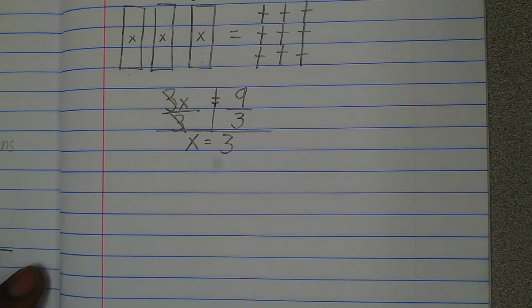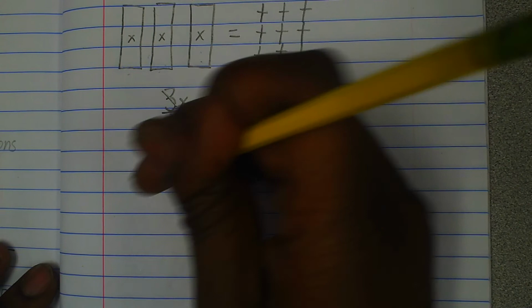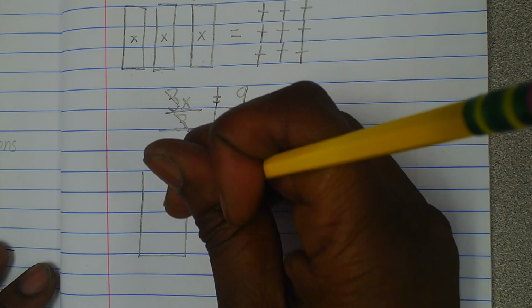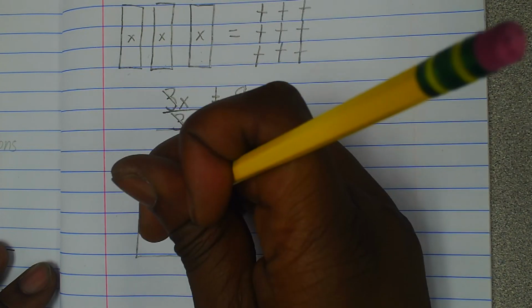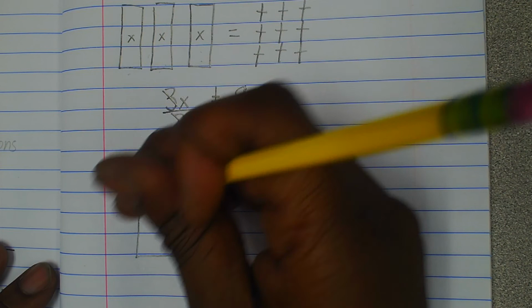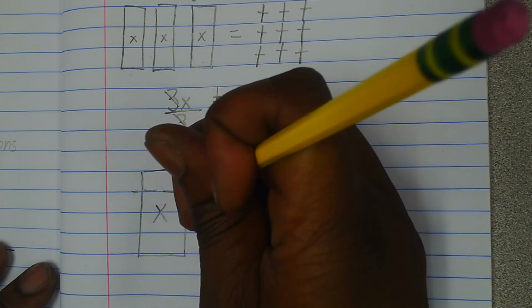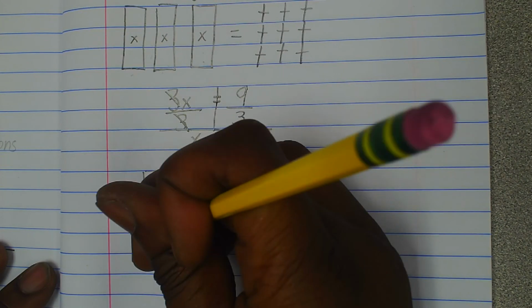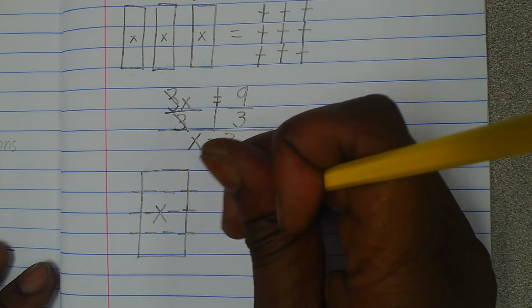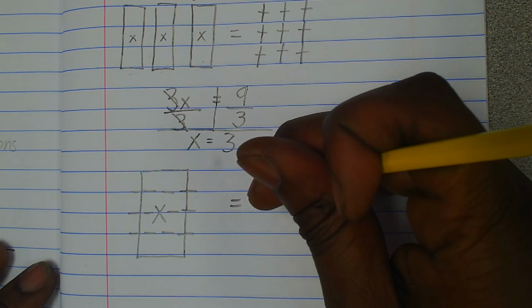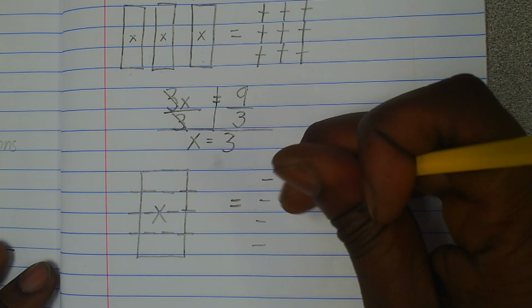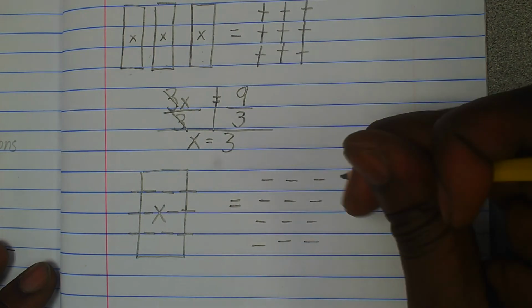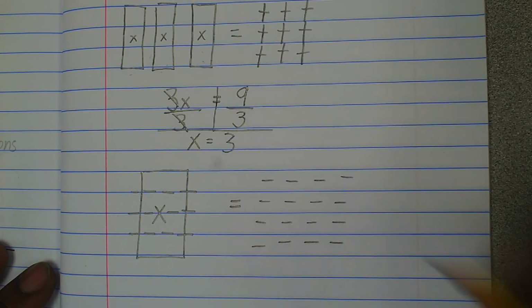All right, let's look at another type of model. Here we go. Let's say we have the following. Of course, we have x, and this is going to equal... all right.